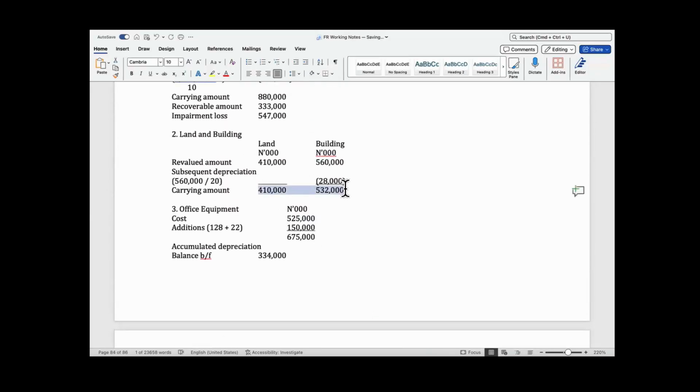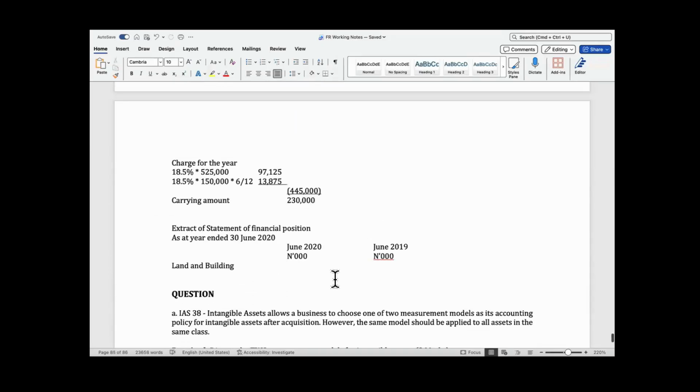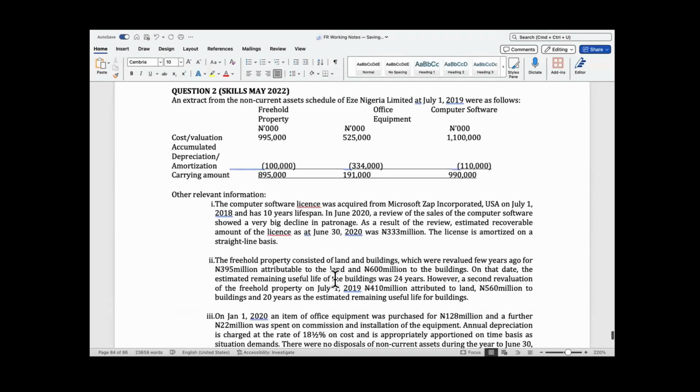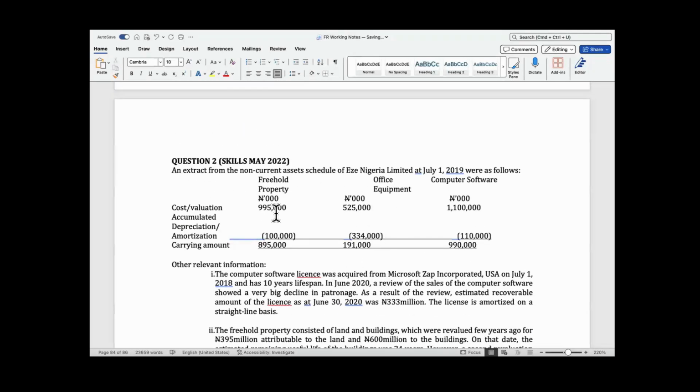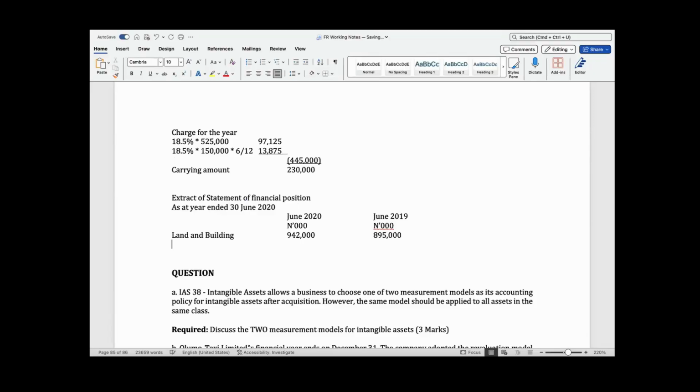What's the addition of these two? This should be 942. Yes, sir. 942. And in June, how much was it? 895. It was 895 in June. Then office equipment. This is 230.